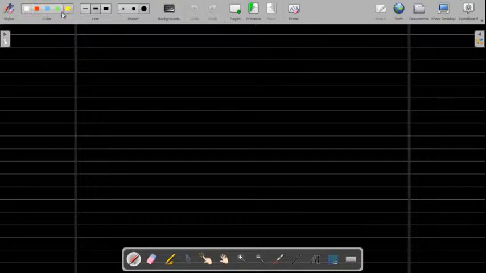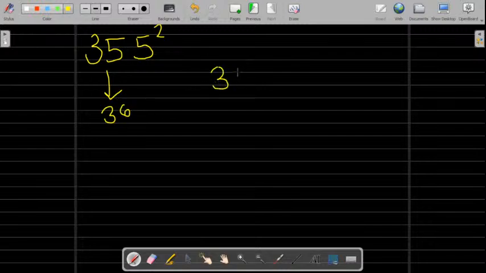So now I will take 355 square. So 35. It saves you time. The next number is what? 36. Okay. So here I am directly writing 35 square plus 35.